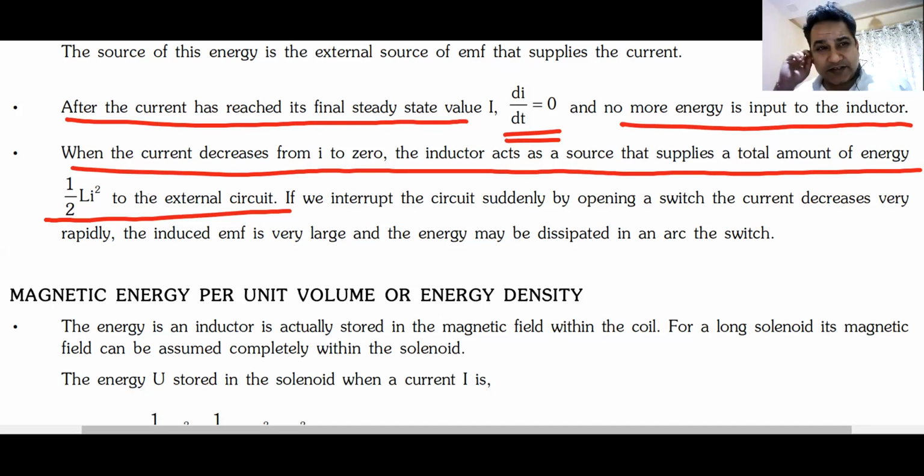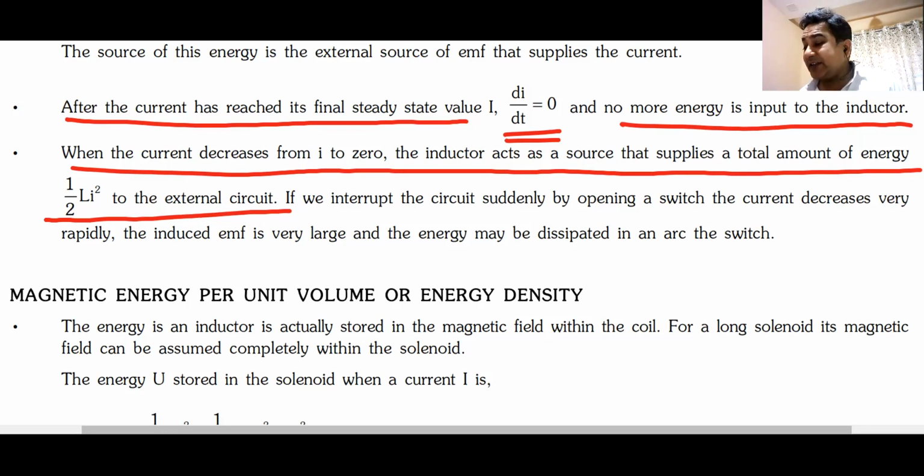While the current is increasing, the battery will supply energy, and that energy will be stored in the inductor. When the current becomes steady, energy in the inductor remains constant. When you put the circuit off, the battery is removed. Whatever energy was stored in the inductor, half L I square, the same energy will be given back to the circuit.